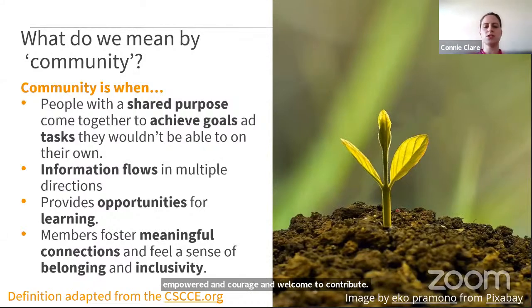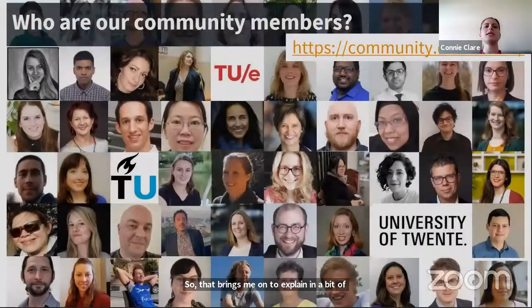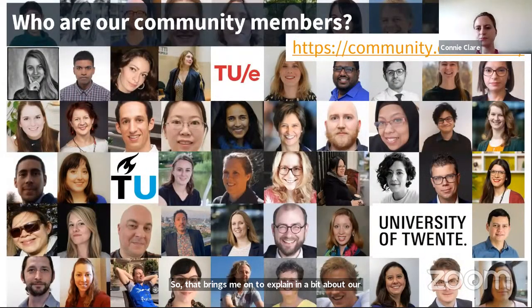So that brings me on to explaining a bit about our community. So who are the community members? This is one of my favorite slides. It shows some of the members that have joined the 4TU Research Data community and helped its growth during the inception phase. So we now have more than 70 members that have joined our online community platform. You can see the link here. And we also have a Slack workspace. And the members are primarily, but not exclusively, from the partner institutions.